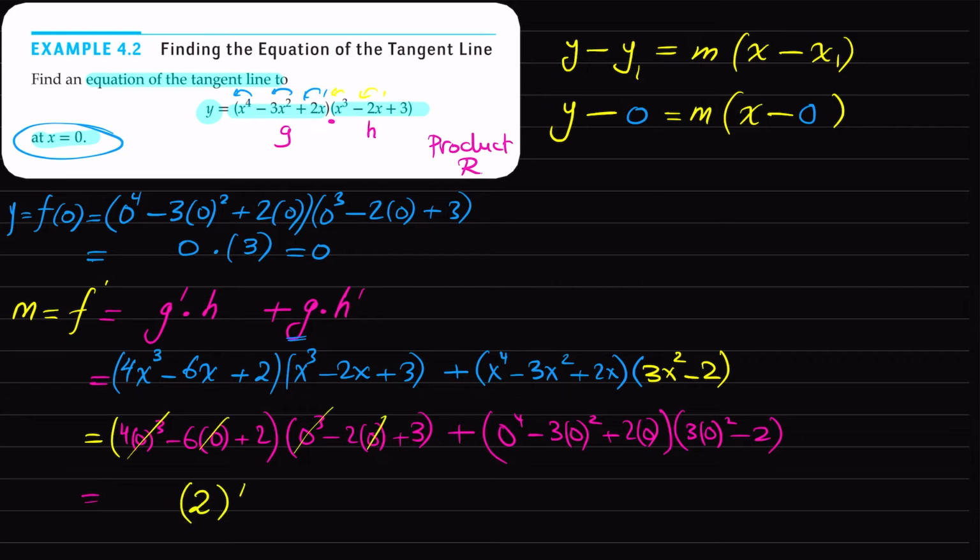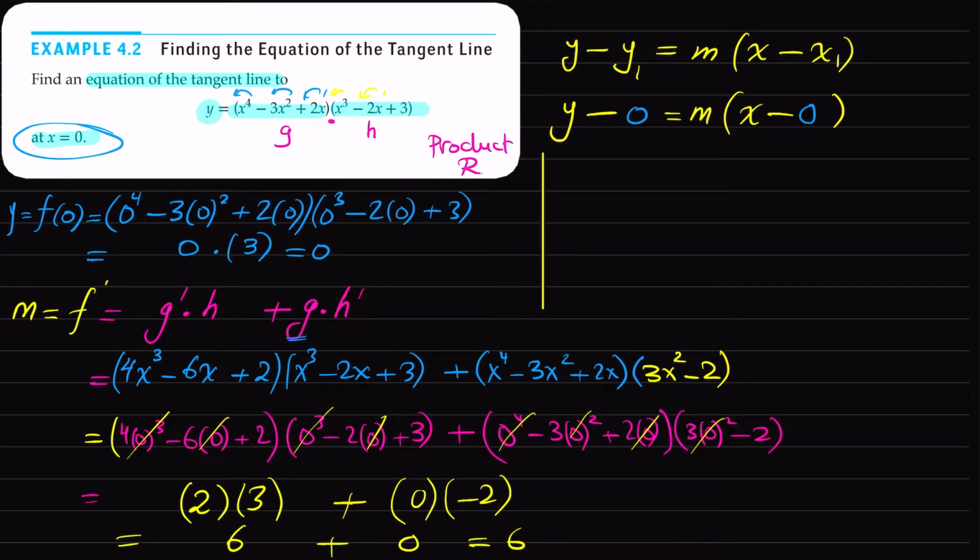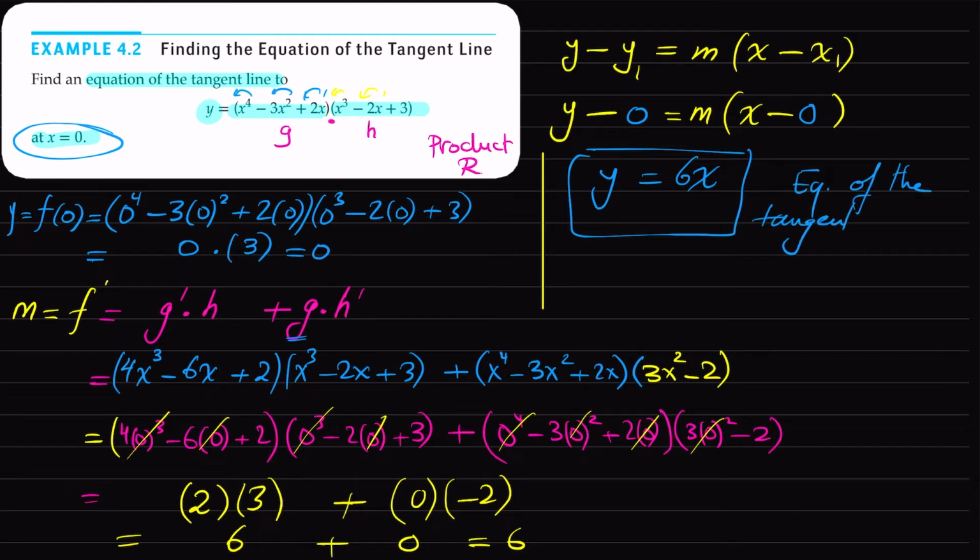The second bracket is 3, plus 0, 0, 0, times negative 2. So it will be 6 plus 0, it's 6. So we got the slope of the tangent line equal to 6. So y minus 0 cancelled, 6x minus 0 cancelled. So this is the equation of the tangent line at x equal to 0.